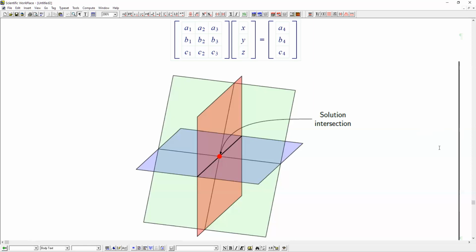So if even just two planes are the same, like let's say b1x plus b2y plus b3z equals b4, and the one after that, c1x plus c2y plus c3z equals c4, if it's the same thing just scaled up, there'll be an infinity of solutions, even though it's just two, the first one's different.